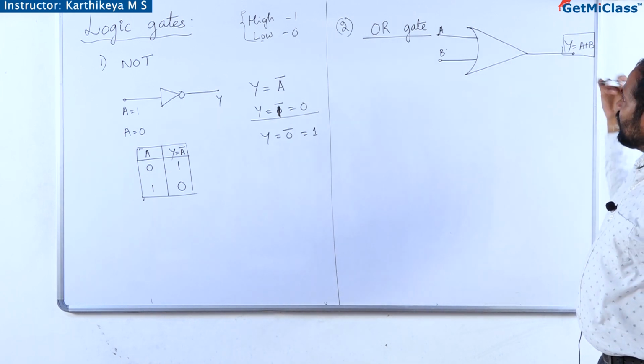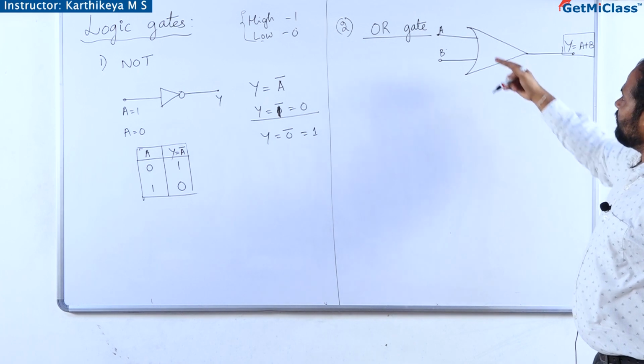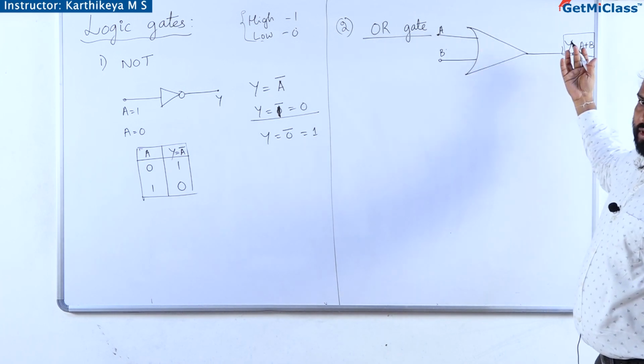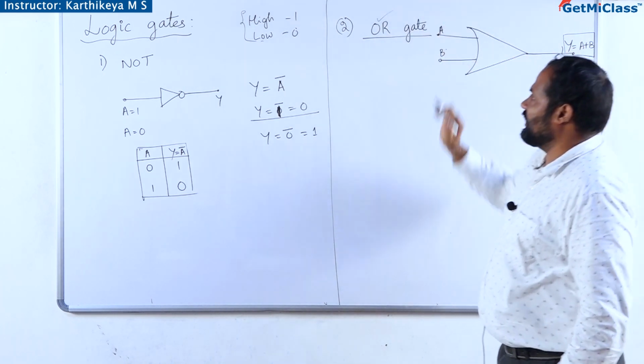A or B, if any one of the inputs is high, the output is high. Hence the name OR gate.